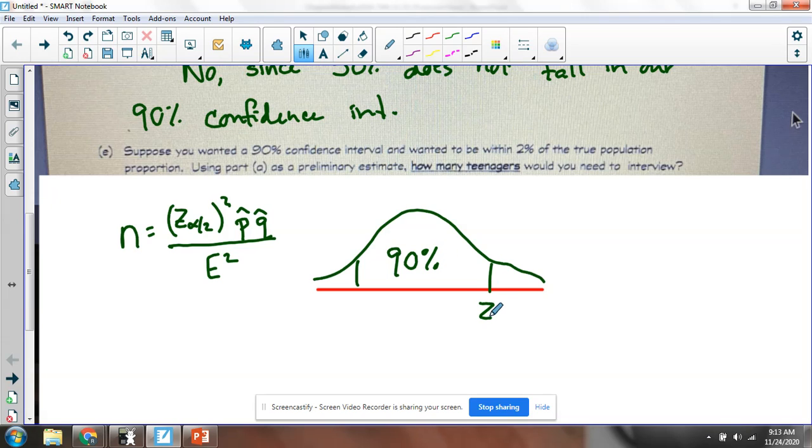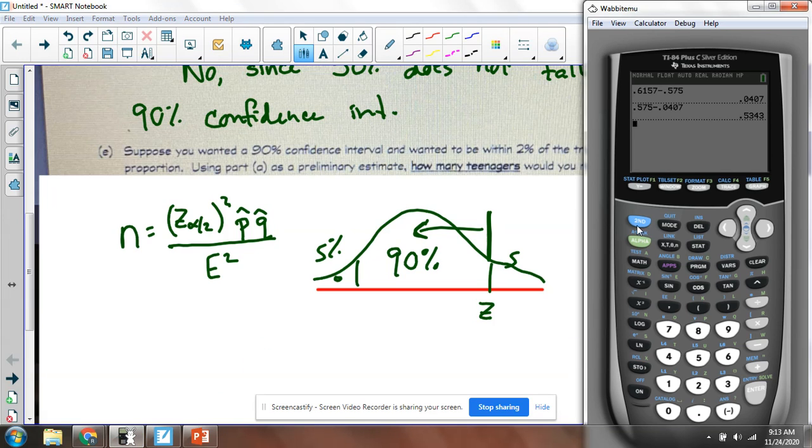I'm going to use my calculator to find this value, and I need to find the area to the left of that, so I have to include this piece also. If this is 90%, then this is 5% and this is 5%. So there's 95% to the left of that z value. I'm going to go to distributions, inverse normal. The area to the left is 95%, and it's a z-score, so it's 0 and 1. So my z-score is 1.6448.